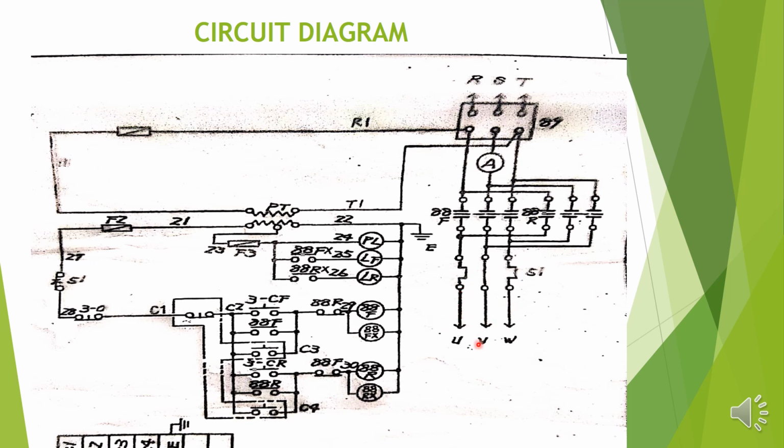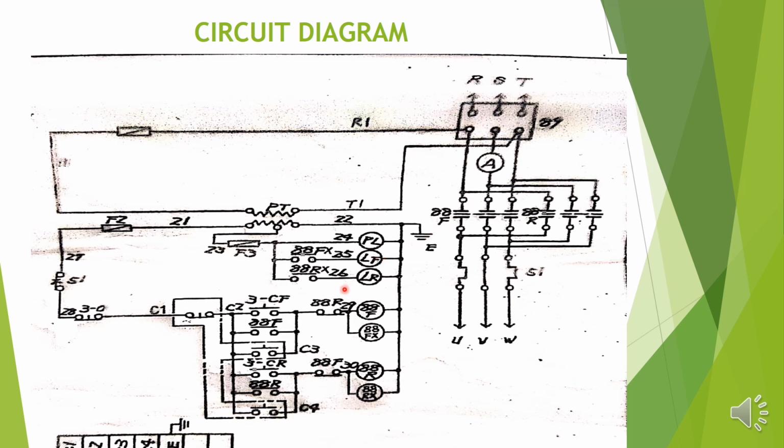And at the same time you see that power is here, so 88FX, which is the auxiliary contact, will energize. We will see it in the next panel. So you see 88FX will energize, the indication LF will be on, and it will indicate that the motor is running in the forward direction.